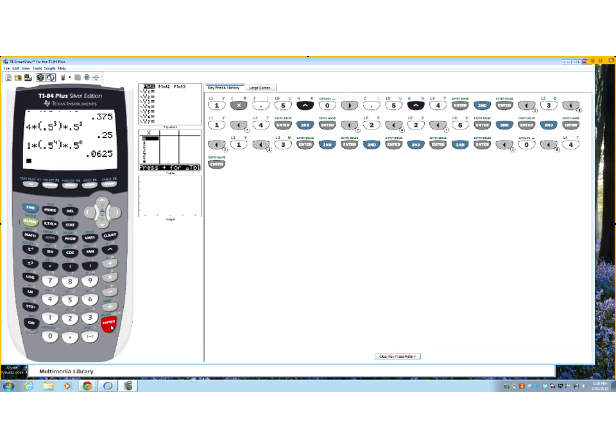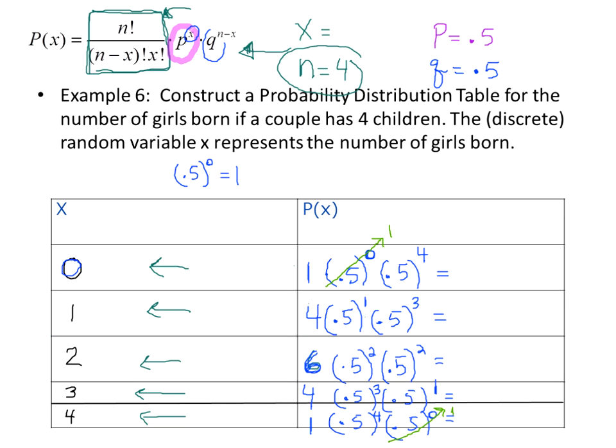So if you want to put it into your calculator, you can. You could also do it by hand because 0.5 is just 1/2 and you can multiply these fractions. There's nothing wrong with that. So I'm going to go ahead and fill all these out. Now I showed you the decimal approximation. Here we could put the fraction. It doesn't matter.